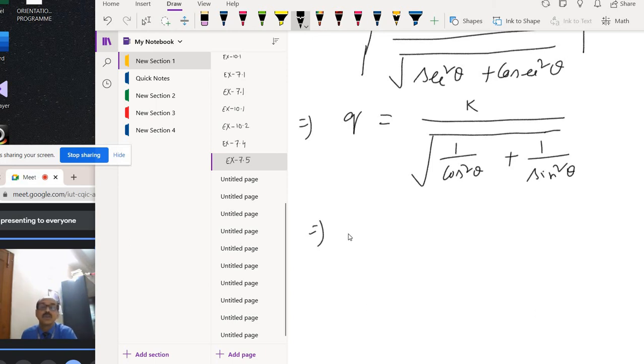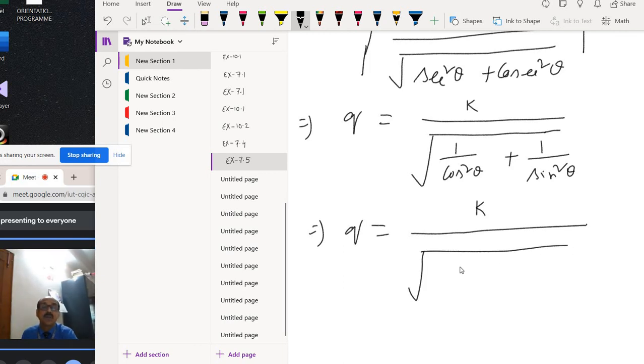So q equal to k by under root sin square theta plus cos square theta by cos square theta into sine square theta.